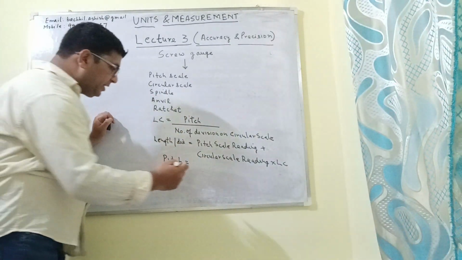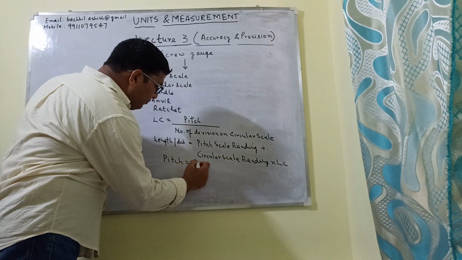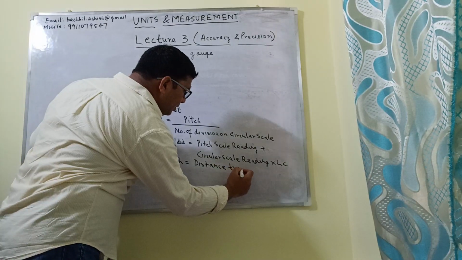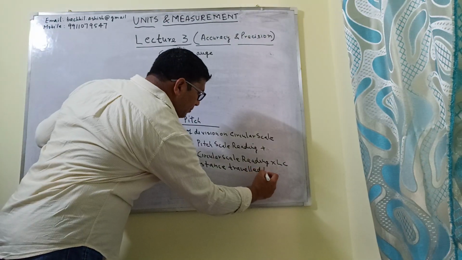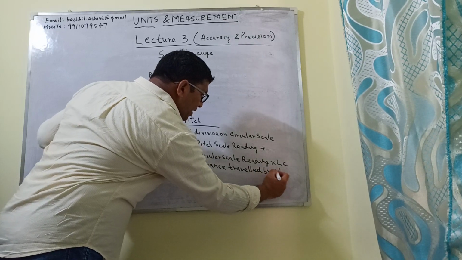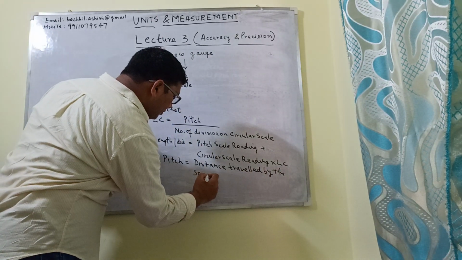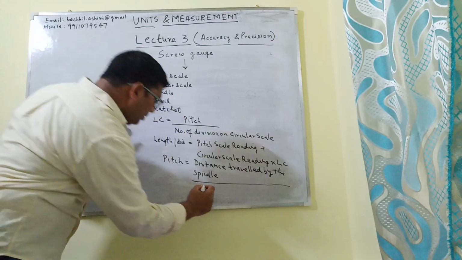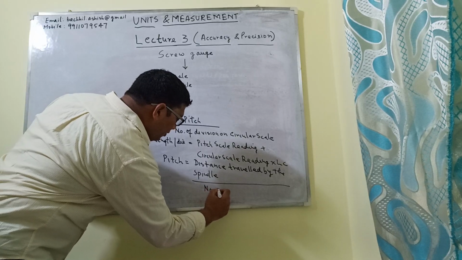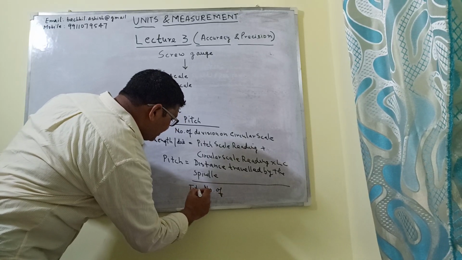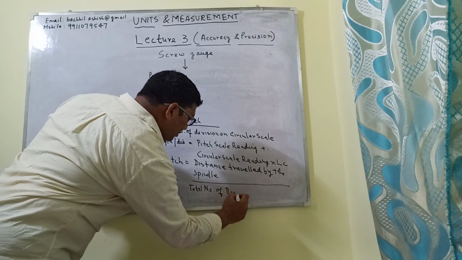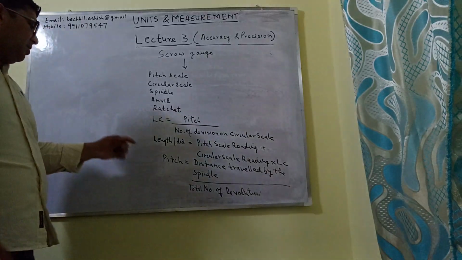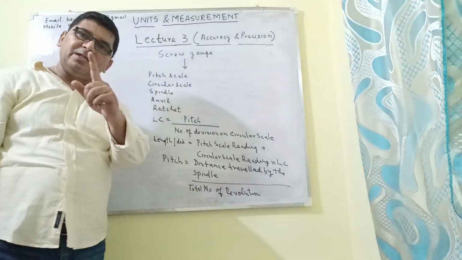So mathematically we can write it as distance travelled by the spindle divided by total number of revolutions. Or in other words, pitch is the distance travelled by the spindle in one revolution.